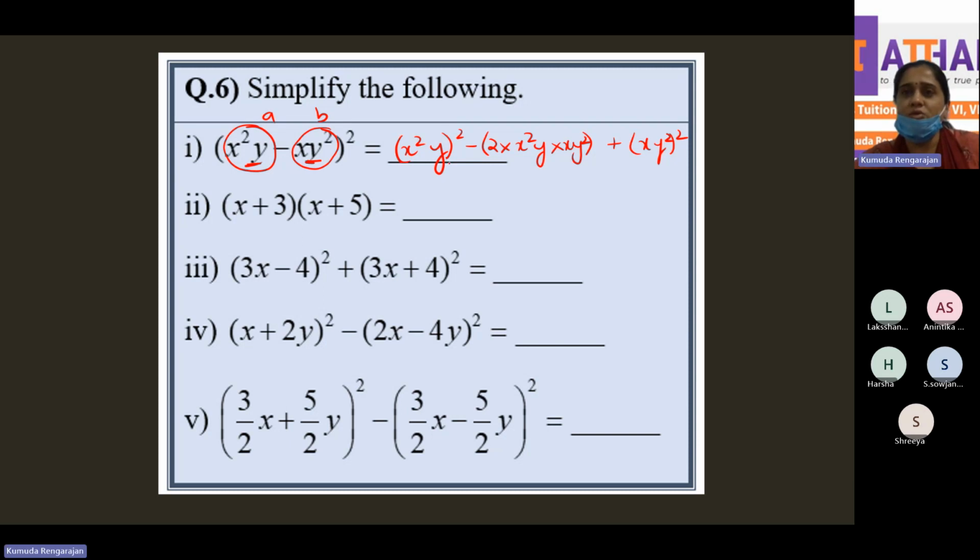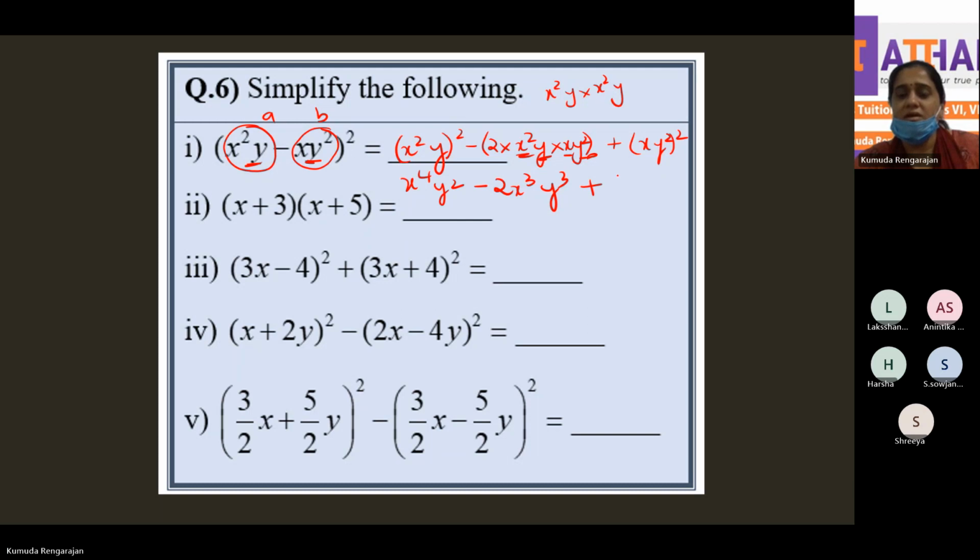When bases are same and it's multiplication, we add the powers. So x to the power 4, y to the power 2, minus 2 into, what is x squared into x? x cubed. What is y into y squared? y cubed.